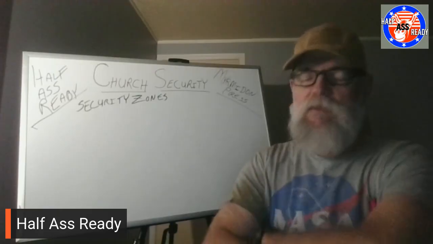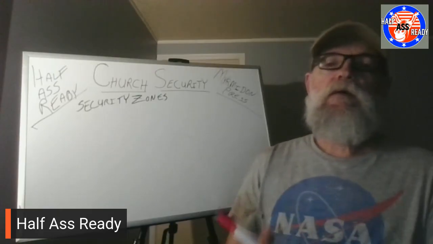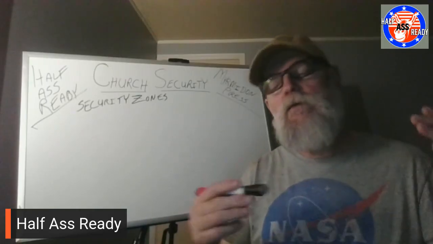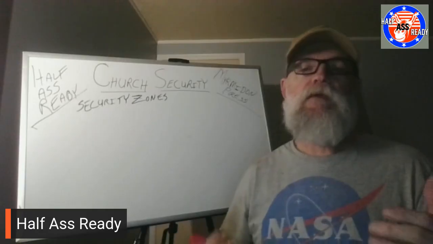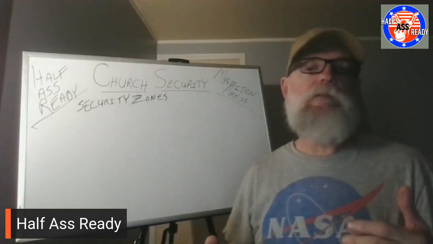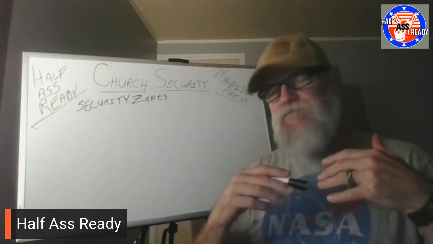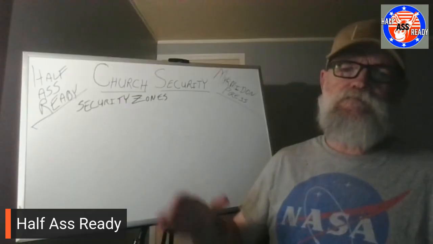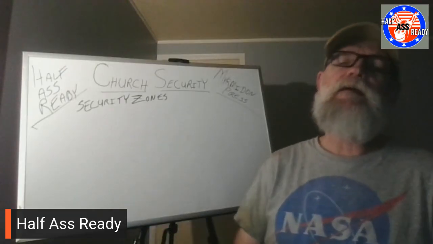At that point, you want to set up zones A, B, C, 1, 2, 3, whatever your system is, right? It's like taking notes. It's bullet points, okay?